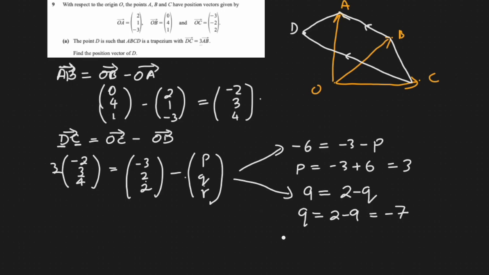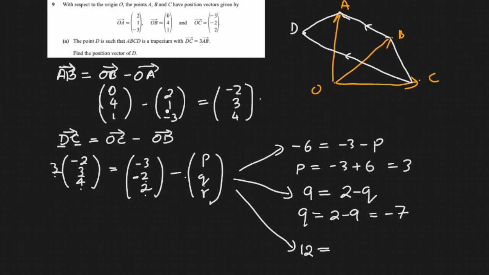Alright, and R. So 3 times 4 is 12, the third one, equal to 2 minus... is it minus 3, 2, 2? Let me check, it was minus 3, 2, 2, minus 3, it was minus 3 minus 2, 0, 4, 1.